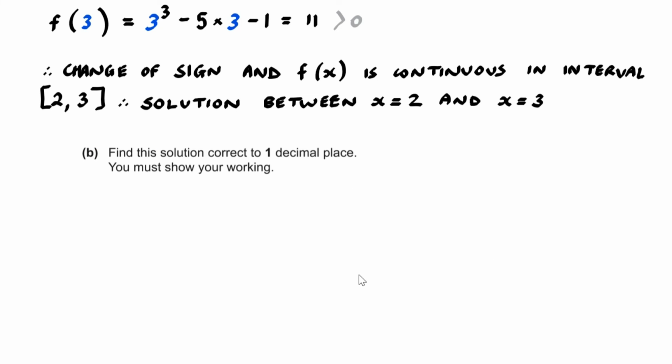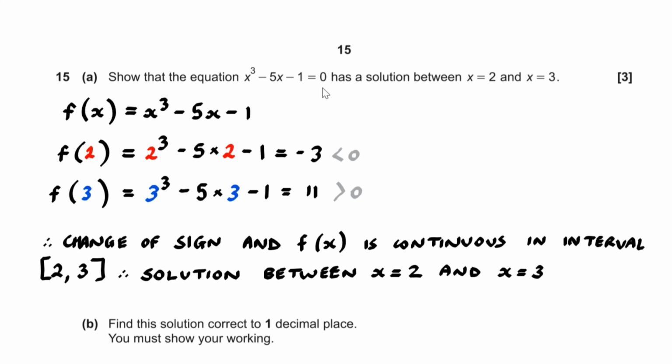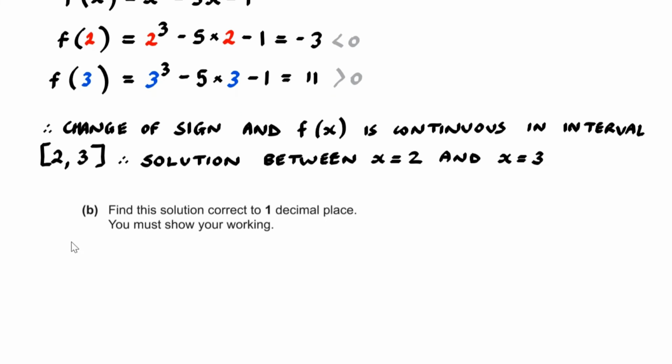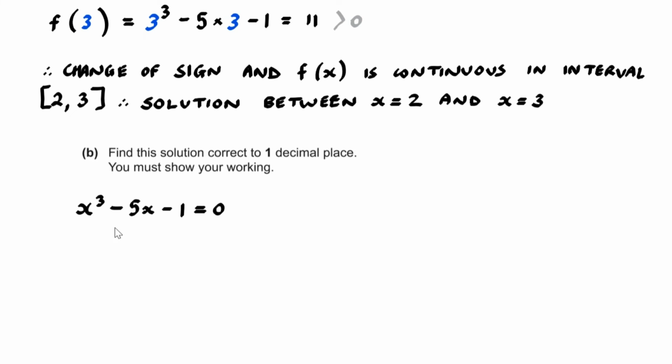Now, one way to approach this question is to create an iterative formula. If I begin with the formula x cubed subtract 5x subtract 1 equals 0, then I can rearrange this to say that x is equal to 5x plus 1 cube rooted.